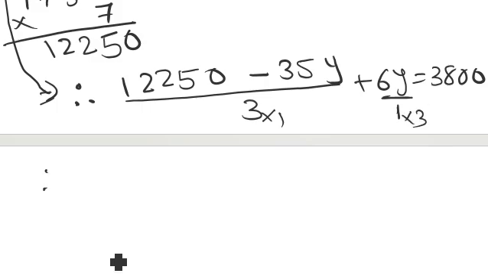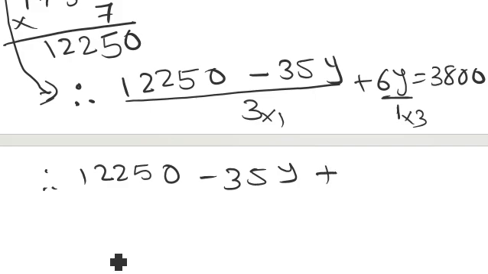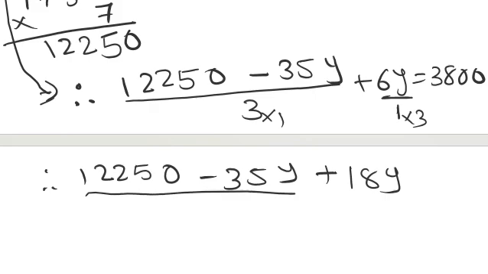So we have 12250 minus 35y plus 6 times 3, that is 18y, divided by 3, is equal to 3800.